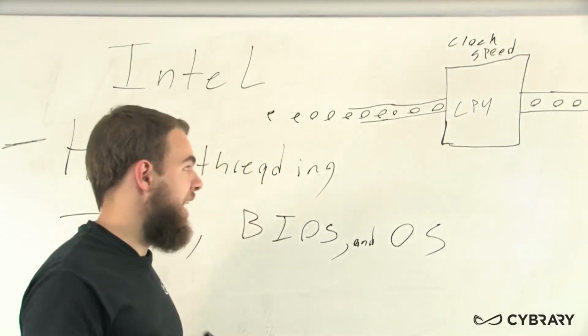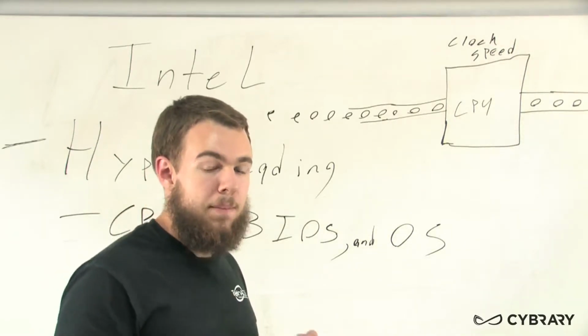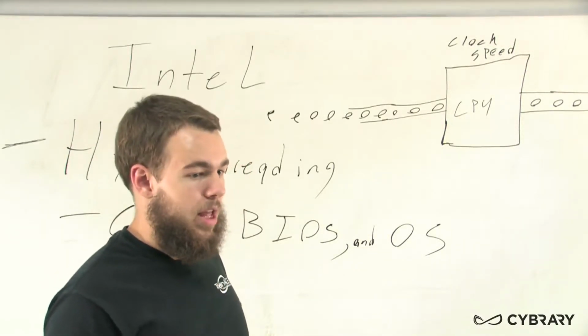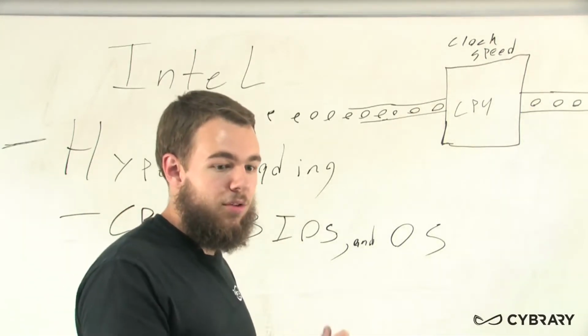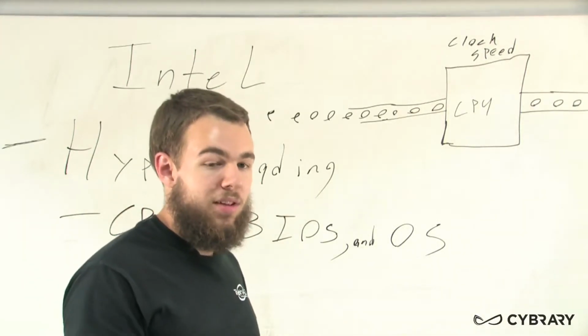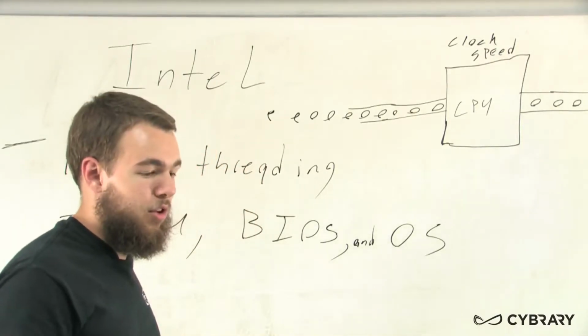Now, not all tasks on our computer can really have hyperthreading be beneficial to them. Say if we have a task where we can't really grab more information, there's no waiting time for the CPU, it's constantly processing, then it doesn't really help us too much.